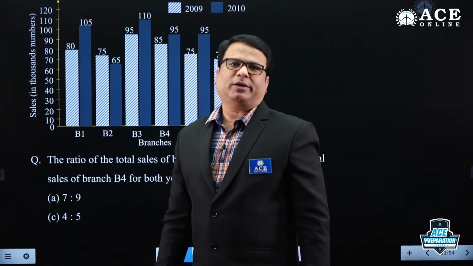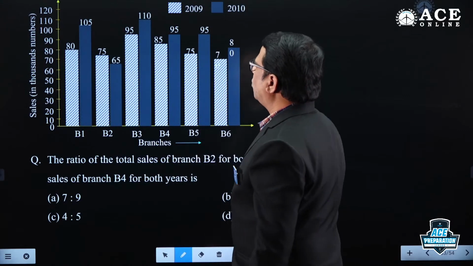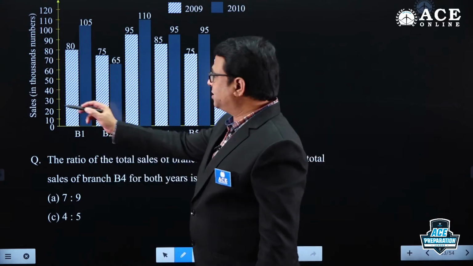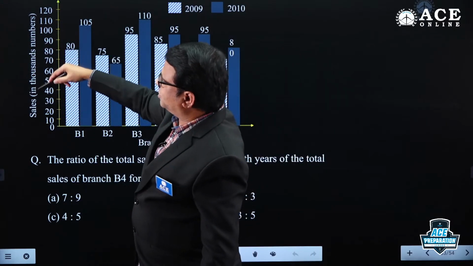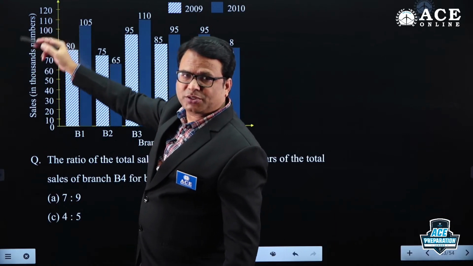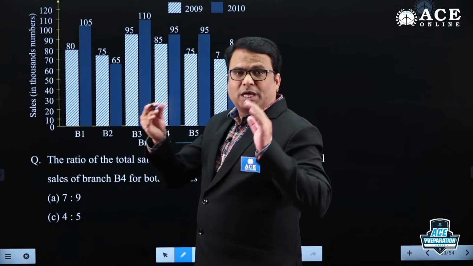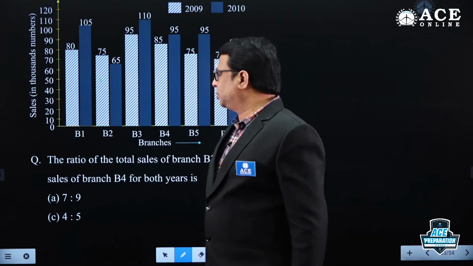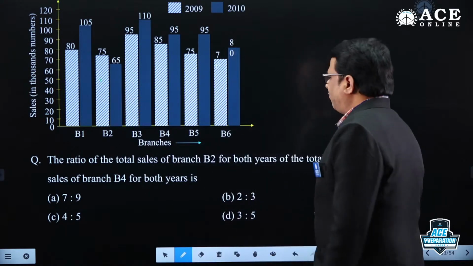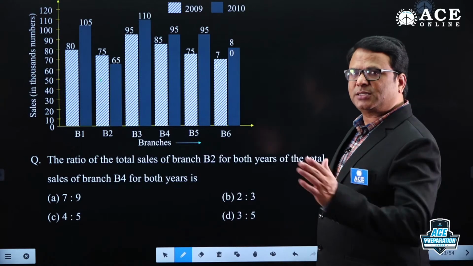Then what is the question? It is clearly given sales in thousands on the y-axis, so whatever figures we have on the bar graph are all in thousands. Now, what is the first question under this bar graph?